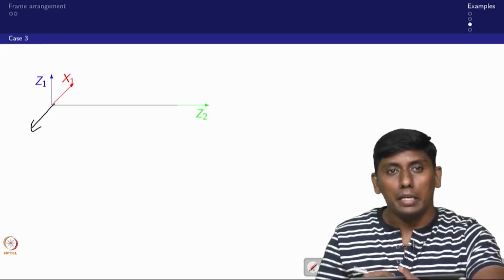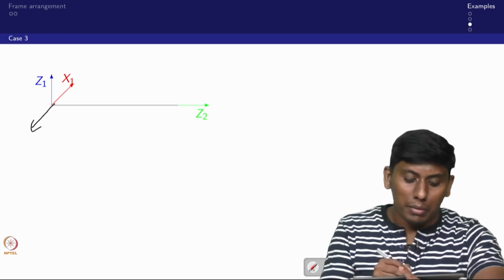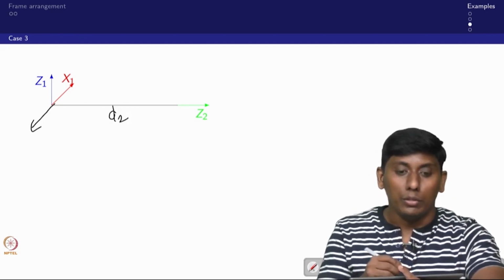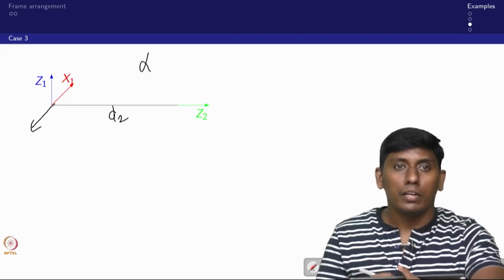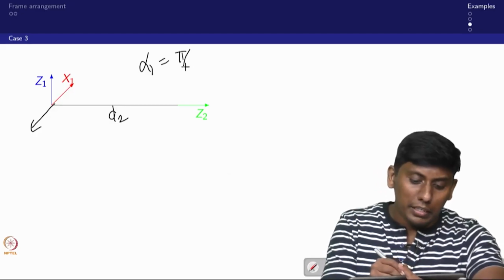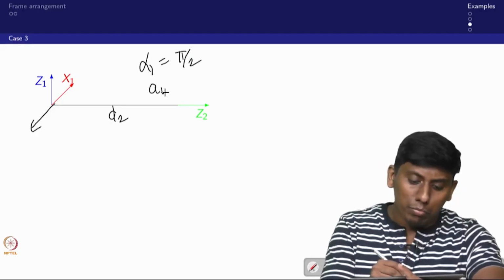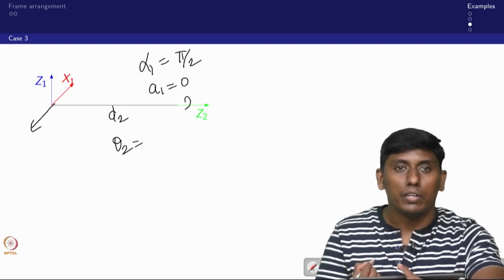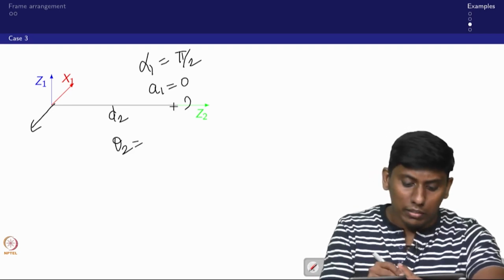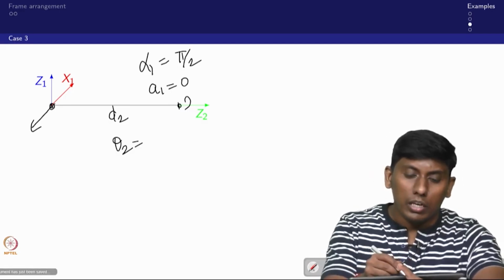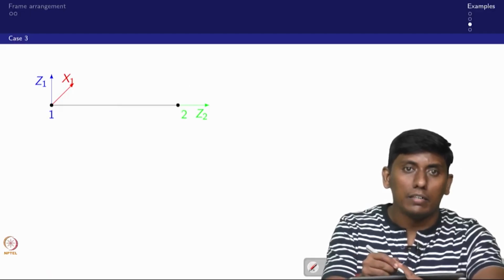That is the whole idea. Now in this case this distance is not big, but what does it cover? It covers D2, and you have alpha, right. What would be alpha in this case? Alpha 1 would be 90 degrees, and A1 would be 0, and theta 2 would be based on the nature, right. So, now you are clear, right. This distance is D2. That is what we are writing here.